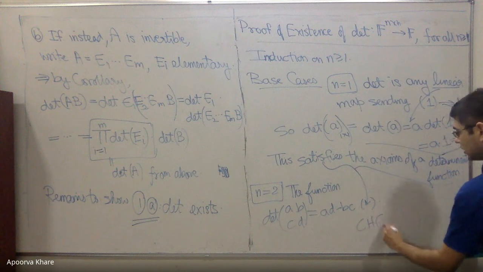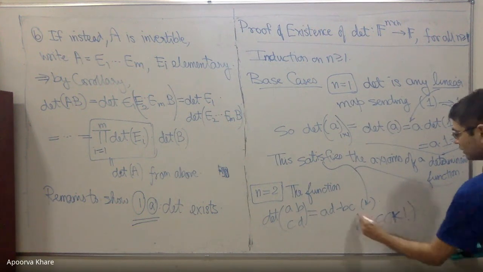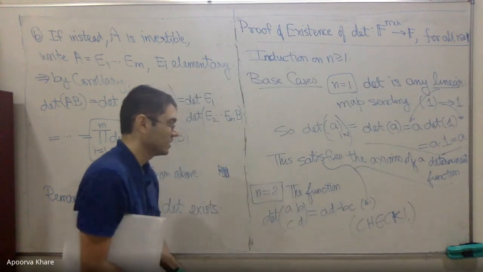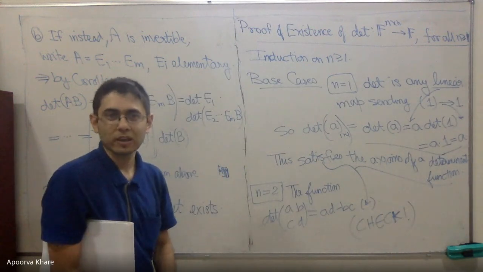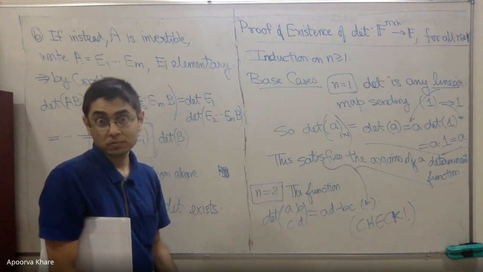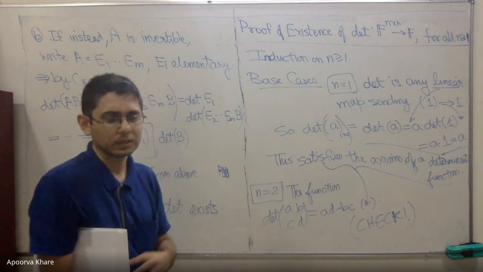Every student of linear algebra should check this once in their life. Check that this does satisfy multilinearity and alternatingness, and identity goes to 1. These are all obvious checks and nothing big.